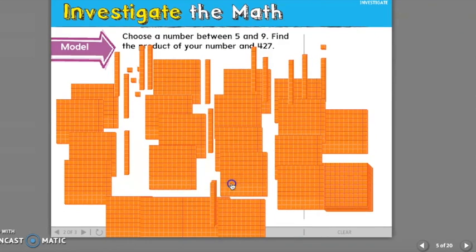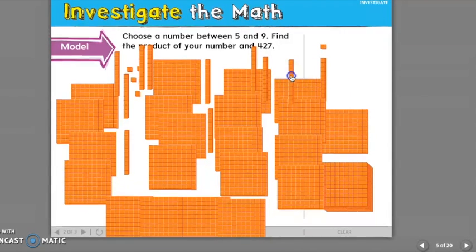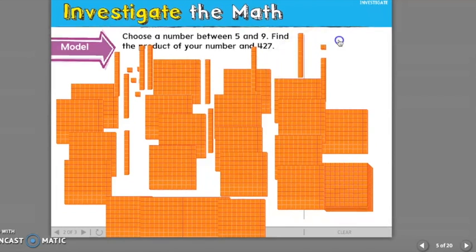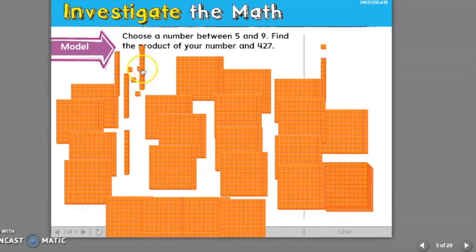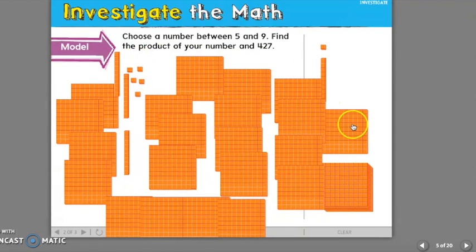So I know that I can trade in 10 of those for another hundreds. So that's 1 through 10. In exchange, I get another hundreds block.